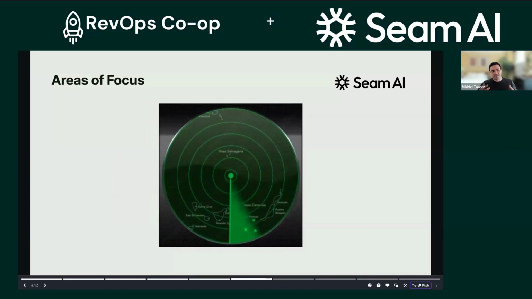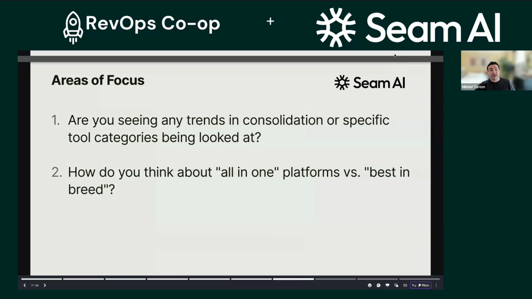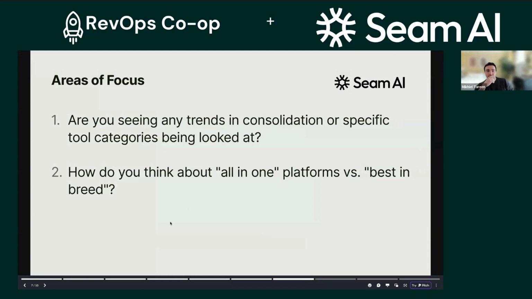So I want to talk a little bit about the categories that you're thinking the most about or seeing trends with, and I can share thoughts on this too. So let's just start point blank. Are you seeing any trends in consolidation or specific tool categories that are being looked at the most? Anyone want to start this off?